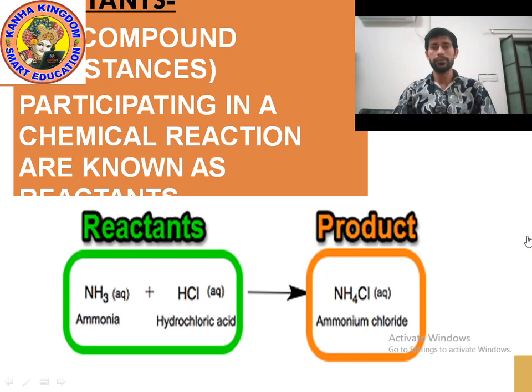So NH3 plus HCl, both chemical formulas I have covered in a green color box and written REACTANTS. Now come to the definition. What is the meaning of reactant? The compounds or substances participating in a chemical reaction.